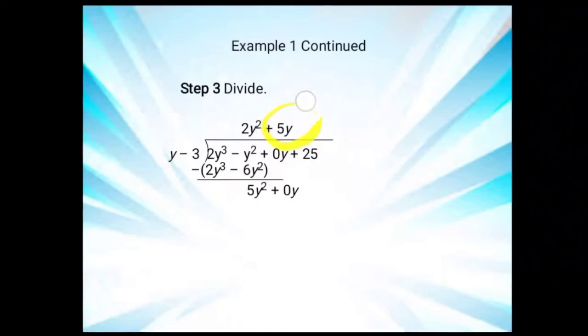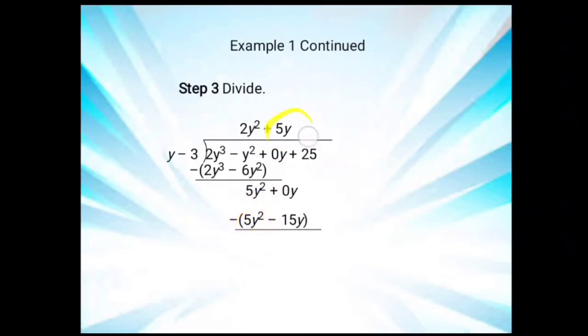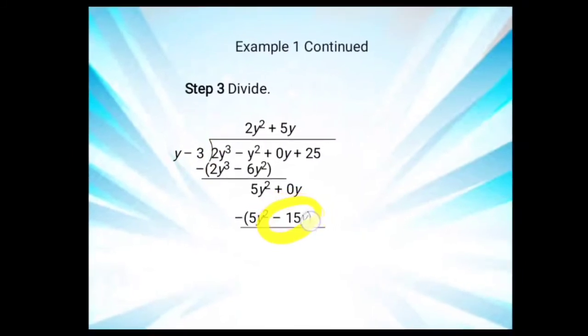Now, after finding the second term on the quotient, let's multiply it by the divisor. So 5y times y is 5y squared. Then 5y times negative 3 is negative 15y. Then subtract. 5y squared minus 5y squared is 0.